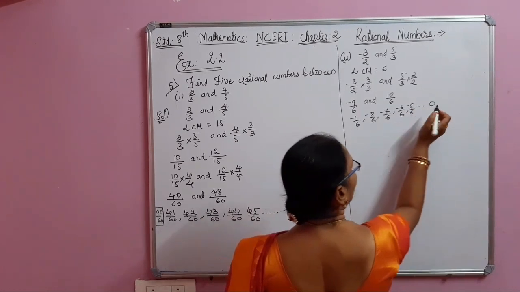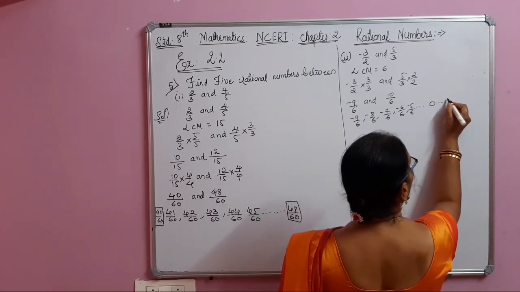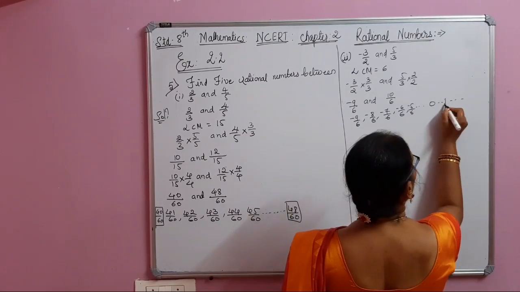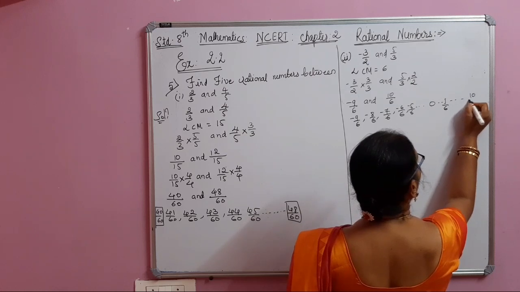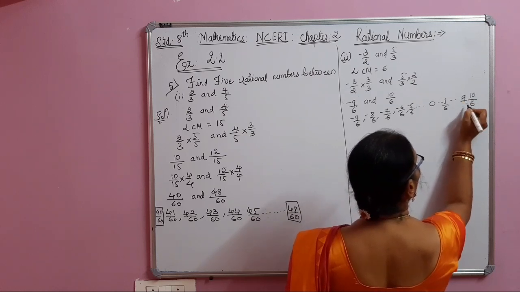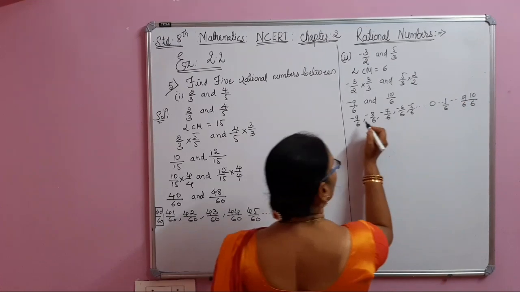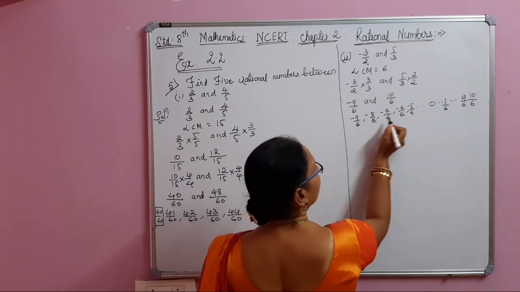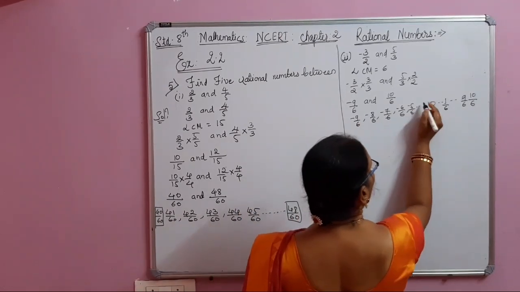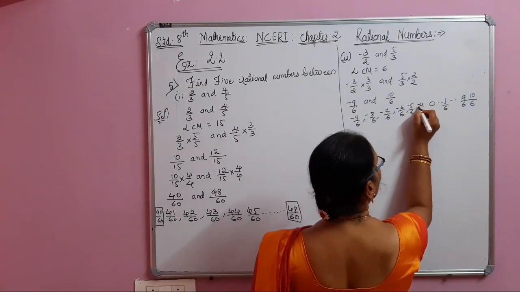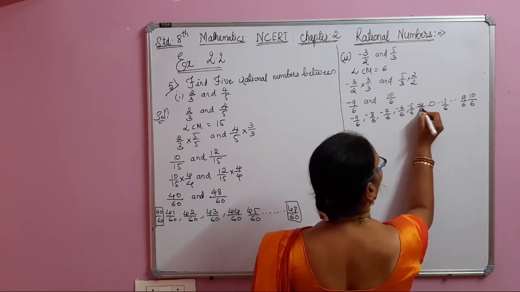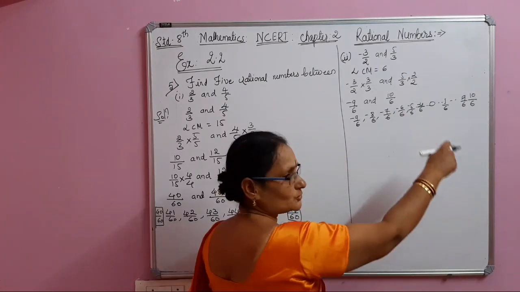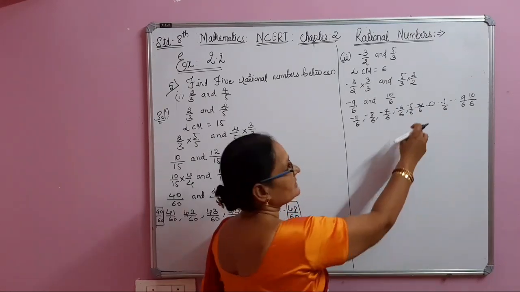Already we got 5 here. Then plenty of rational numbers we can get here. See, minus 4 by 6 and so on. Minus 3 by 6, minus 2 by 6, minus 1 by 6, 0.